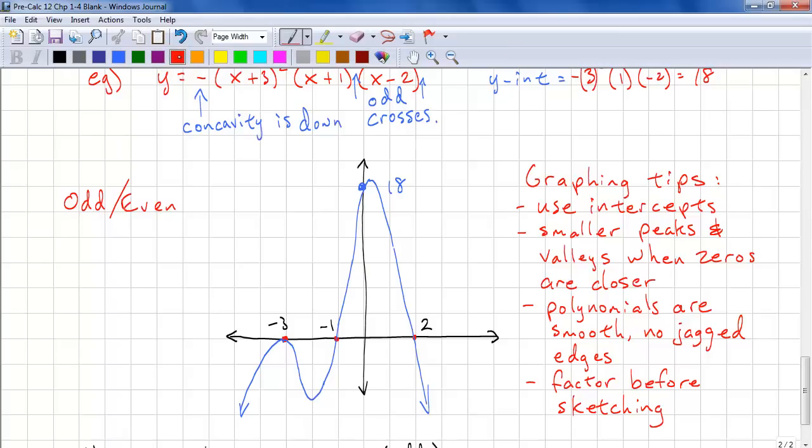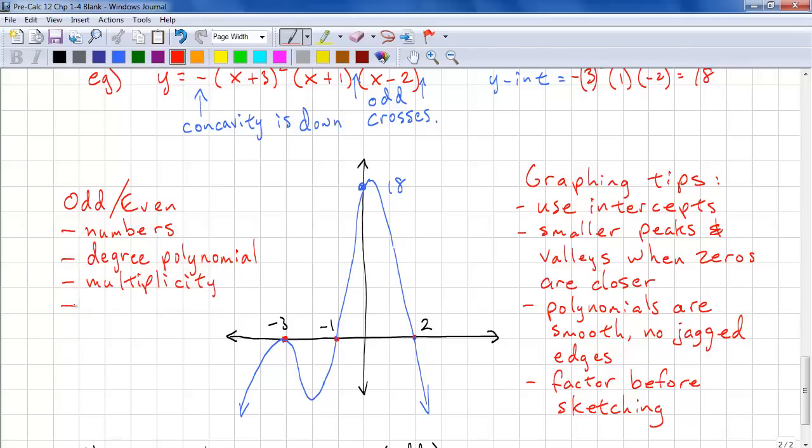So let's look at odd and even. We use odd and even in many different ways. So let's just review it. We have odd and even numbers. We have odd and even degree polynomials. So those have certain meanings. We have odd and even multiplicity. So that has meaning.